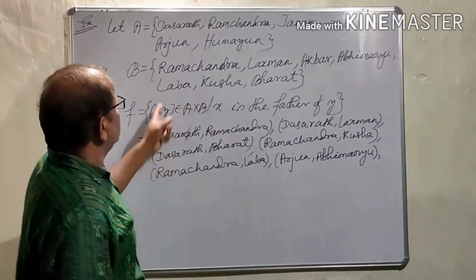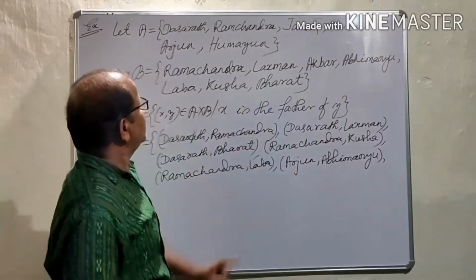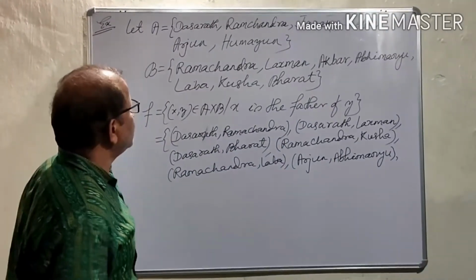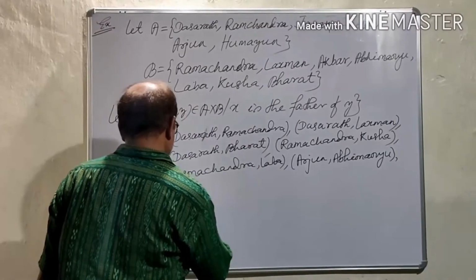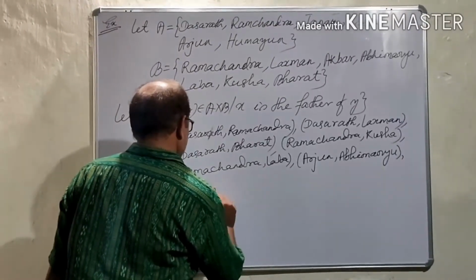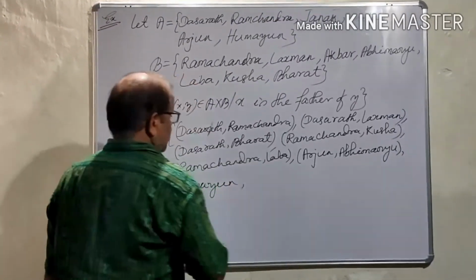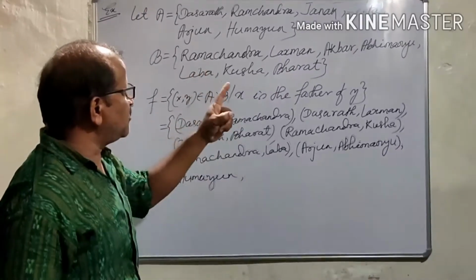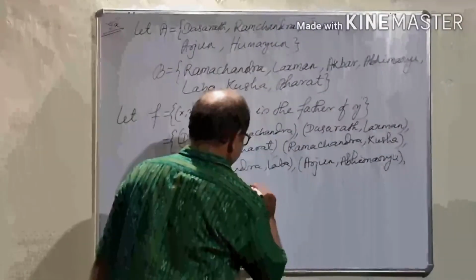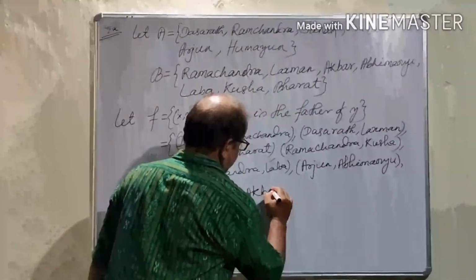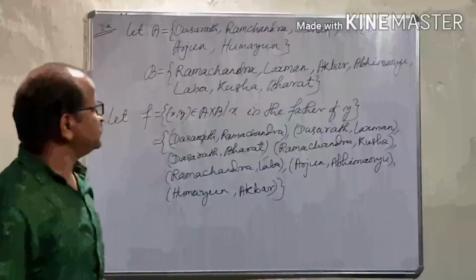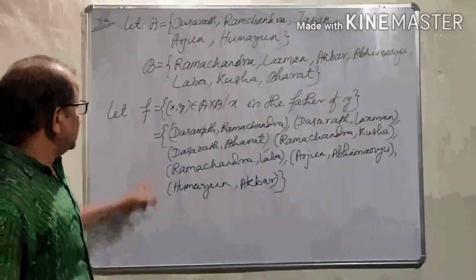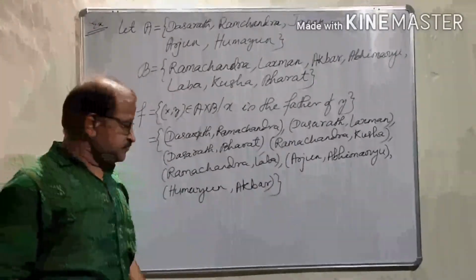He is not the father of any other. Then Humayun. From history we know that Humayun is the father of Akbar. So this is our relationship.